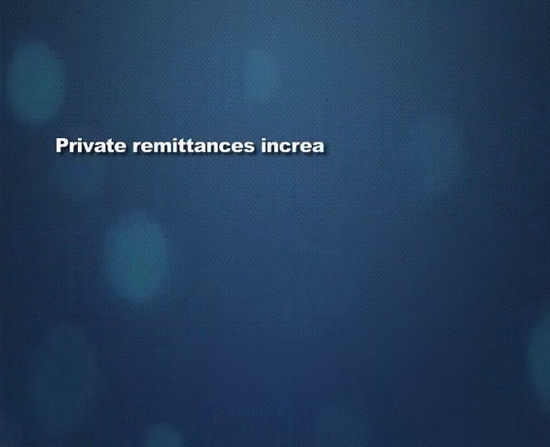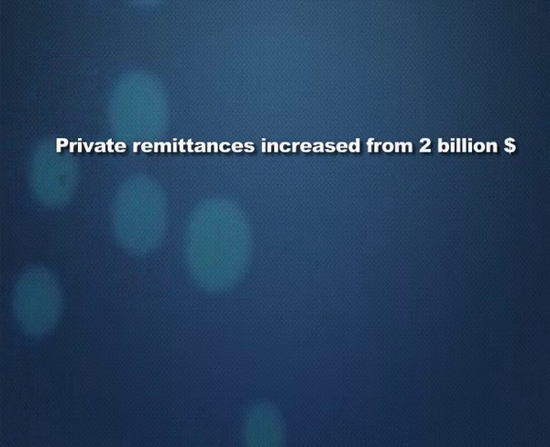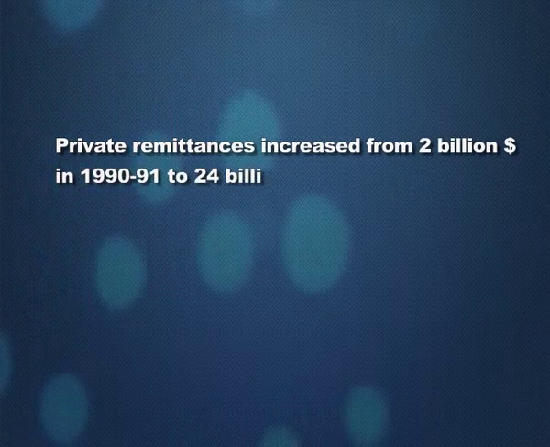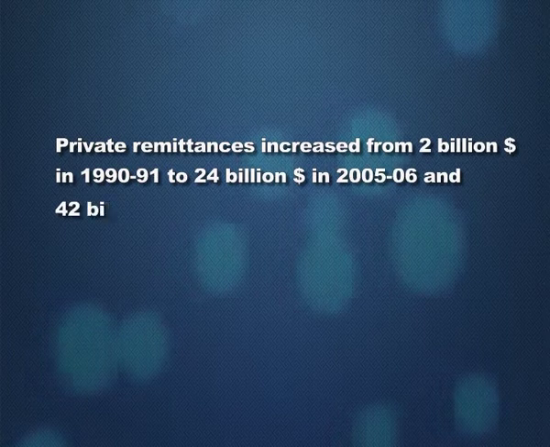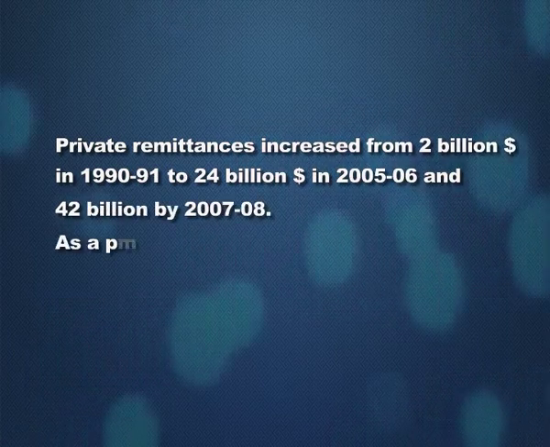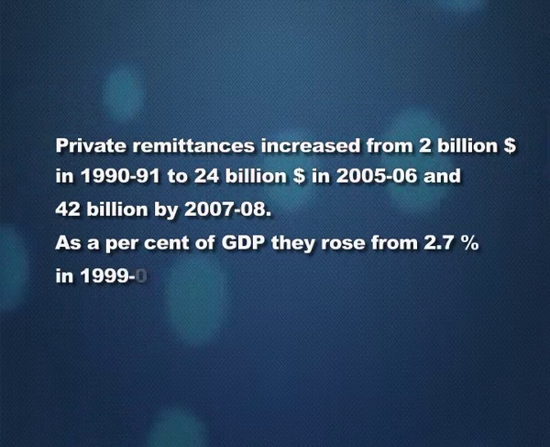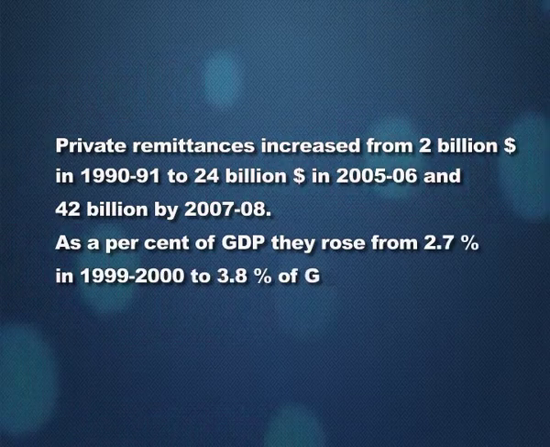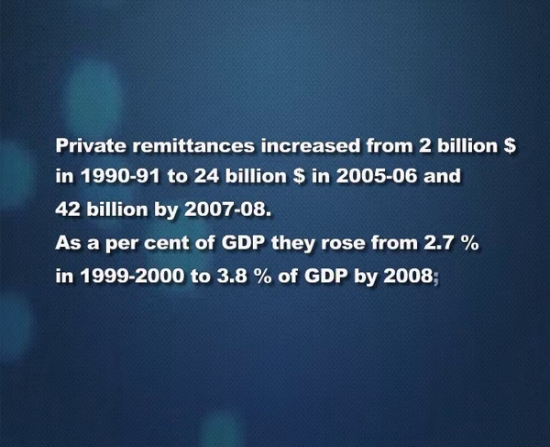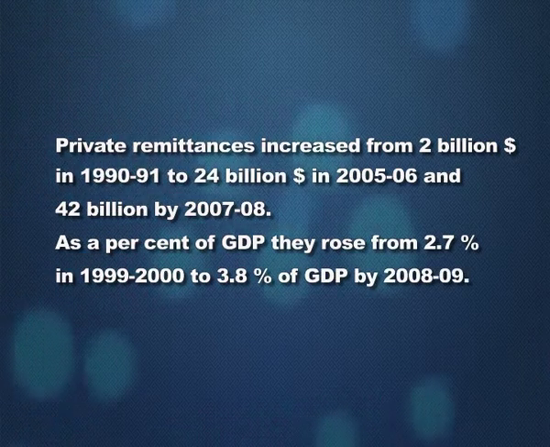Private remittances increased from $2 billion in 90-91 to $24 billion in 2005-6 and $42 billion by 2007-8. As a percent of GDP, they rose from 2.7% in 1999-2000 to 3.8% of GDP by 2008-9.